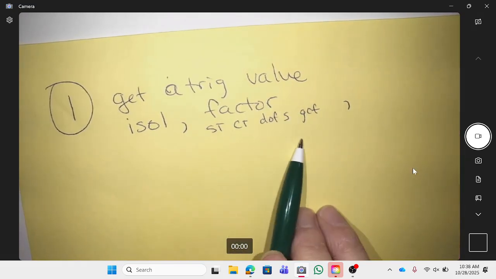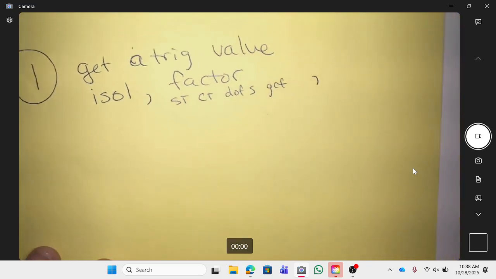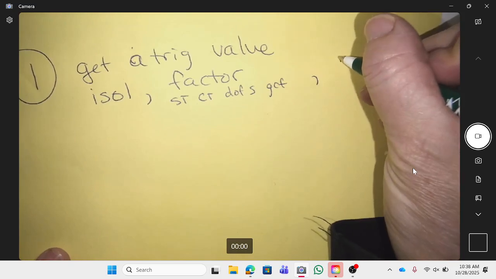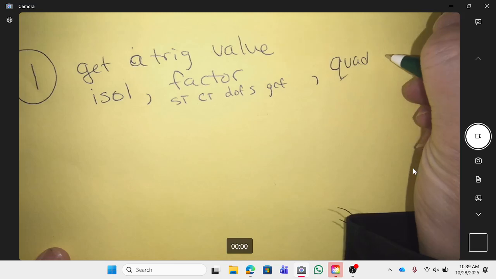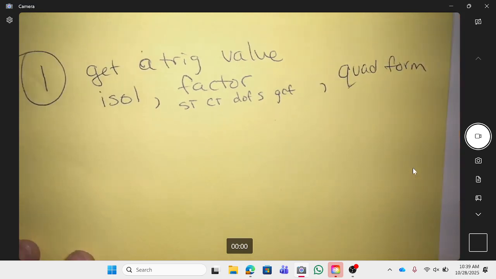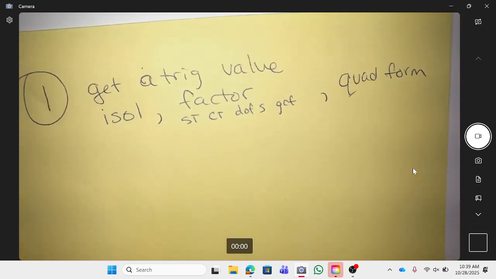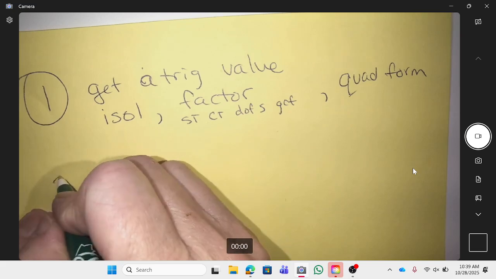Okay, underneath factor, you've got 4 things to look for. Or you could use the quadratic formula if none of those are working, right? Okay, so that's why this last unit we did was important, because that gets you to this.